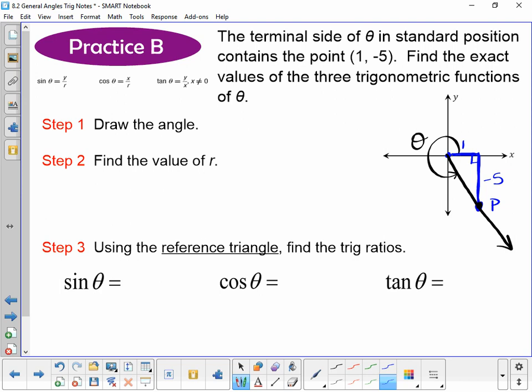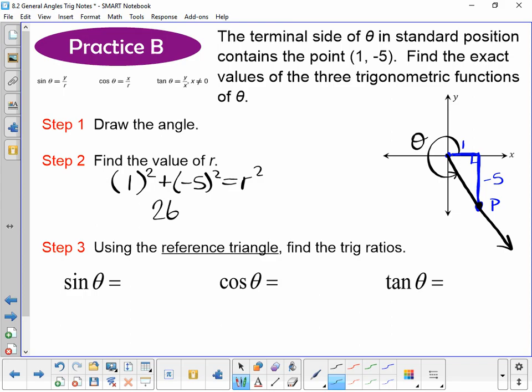Well, if we're going to write down the sine and the cosine, we are going to need the hypotenuse of that little triangle. So let's calculate our hypotenuse. It will be 1 squared plus negative 5 squared is equal to r squared. Well, 1 squared plus negative 5 squared is equal to 26.